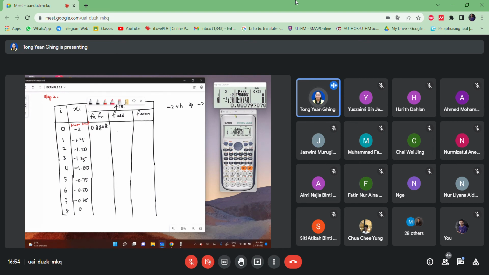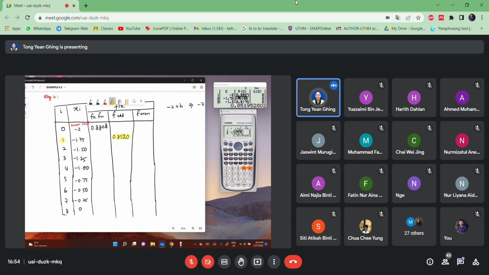And the next value is 1. So 1 is the odd number, so I have to put it in this column. I put 0.8520 in this column. Okay? Because this one is 1, so I put it in the odd.